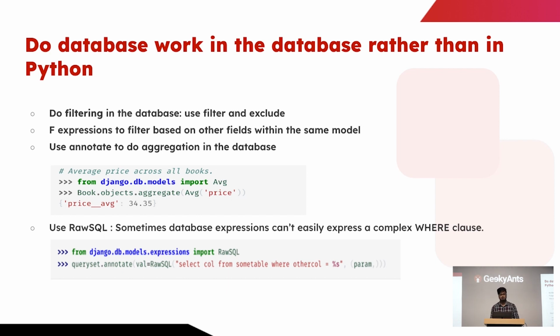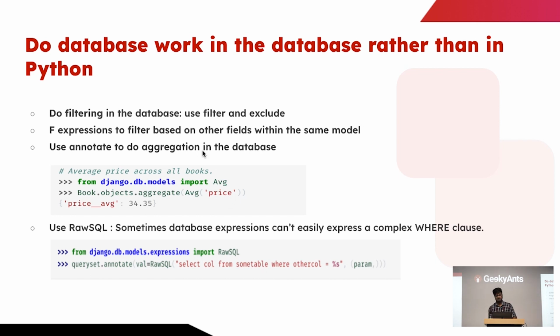With F expressions you can perform operations based on the field itself without pulling that particular object into the memory of Python. We'll explore more on this in a later slide. Just remember that F expression is another way in which you'll be able to work with the database a little better and not use Python for it.